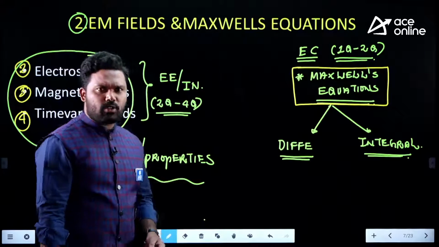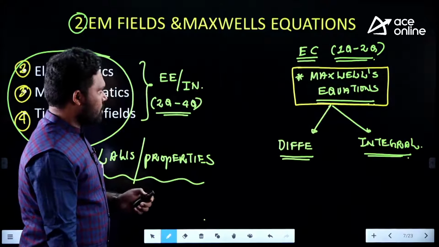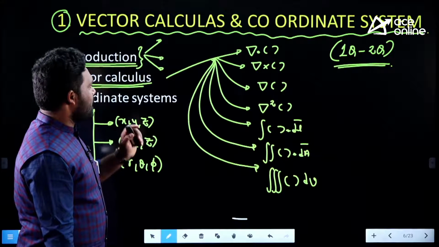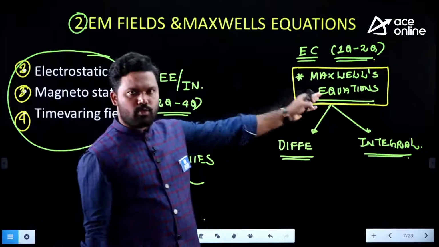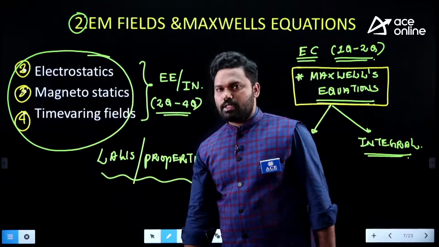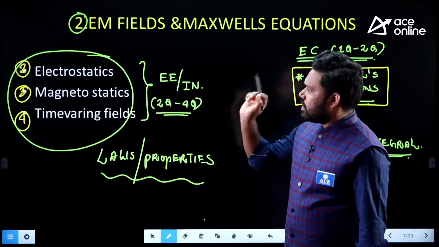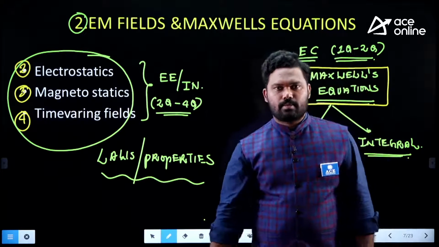In recent times, there are no direct questions on Maxwell's equations for the EC students. Fine. So first proper mathematical treatment, basics, and then for the EC students, focus will be on Maxwell's equations. For the electrical and instrumentation engineering students, the focus will be particularly on the detailed discussion of electrostatics, magnetostatics, and then time varying fields.